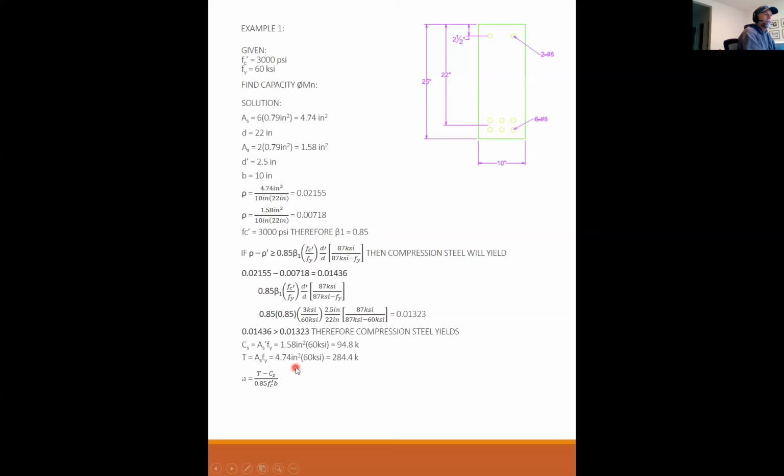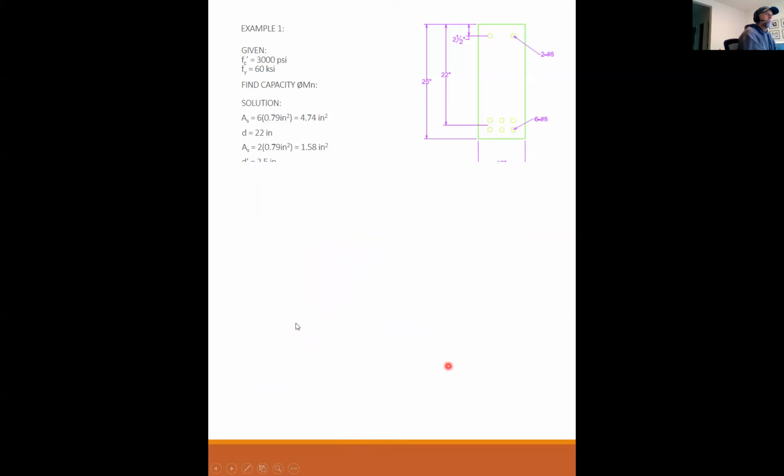The compression in the concrete is the tension minus the compression steel, which gives us 284.4 minus 94.8 over 0.85, 3 KSI, 10 inches wide, and I get 7.44 inches. Therefore, C, this is big C, is 0.85 f prime c b a. I plug in a, I get 189.7 kips.